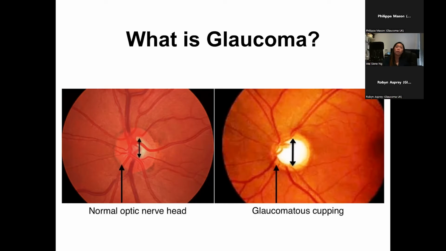So glaucoma is like the picture here on our right. Currently, the eye pressure is our only modifiable risk factor we know that can slow down the progression of glaucoma. And this is why we harp on about pressure. And hence, all glaucoma treatments aim to reduce the eye pressure.